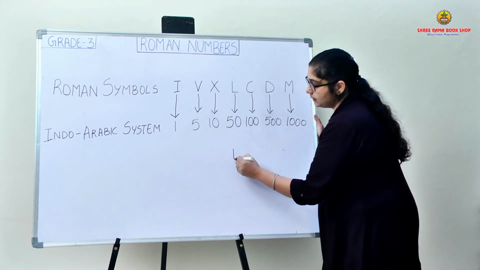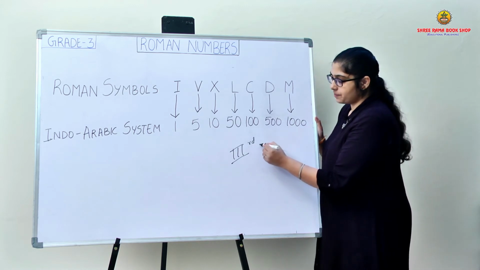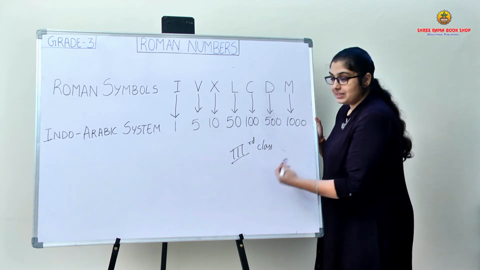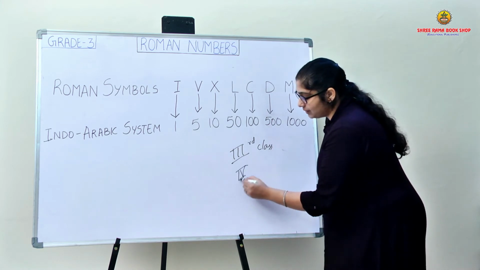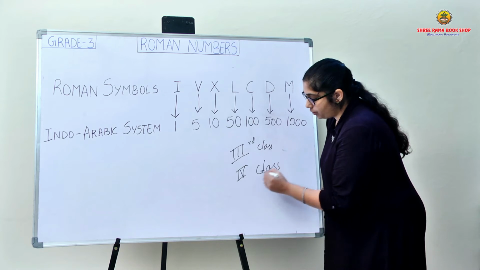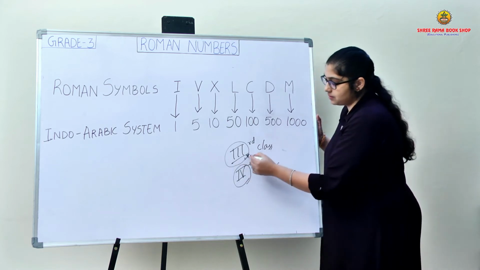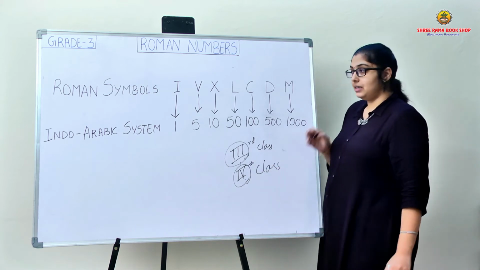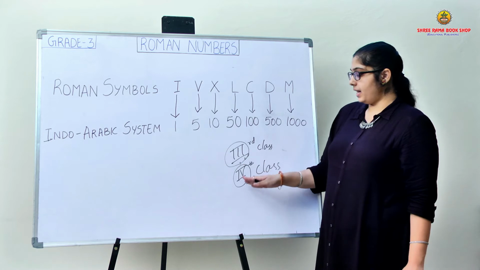I belong to 3rd class, you all say, right? Which class are you going to next year? We are going to 4th class. All these symbols are nothing but Roman symbols. These are the Roman numbers for 3 and 4.